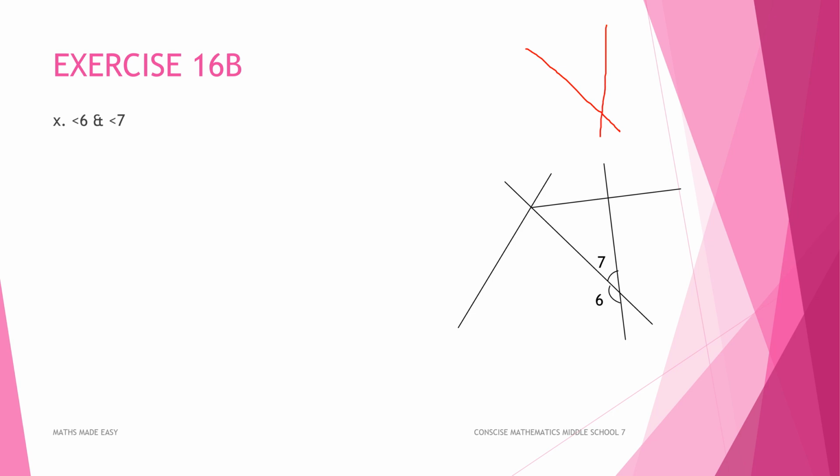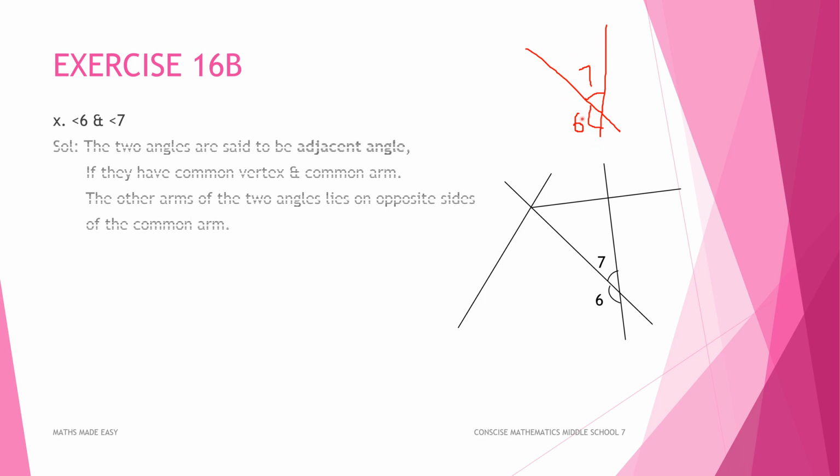See, these two lines are intersecting each other, and there is one angle formed over here, that is 7, and here it's 6. How are these two angles? They are next to each other, so it is called an adjacent angle.